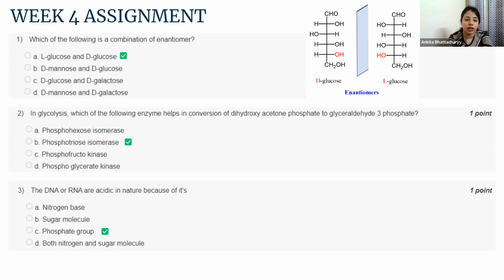Then question 2 was about glycolysis. Here we were asked which of the following enzymes helps in the conversion of dihydroxyacetone phosphate to glyceraldehyde 3-phosphate. We saw that this was the breakdown step, right? You started with a 6-carbon sugar, which is glucose, and from there you're coming down to two 3-carbon sugars.